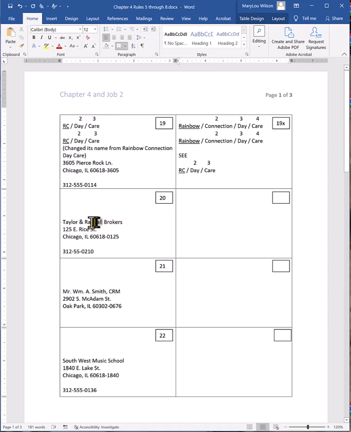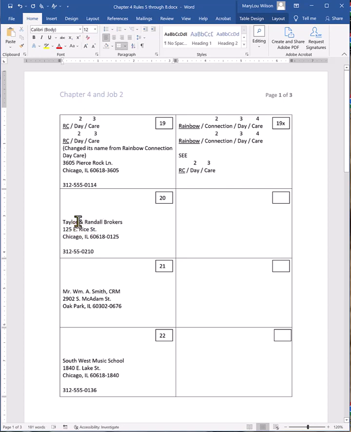However, this Randall in there, if somebody came to you and asked for the information on Randall Brokers, unless you have Randall as a key unit, you're not going to be able to find Taylor and Randall Brokers. So we're going to do a cross-reference here of this second name in the original business name so that we can find this record if somebody asks for it by the one name Randall Brokers.